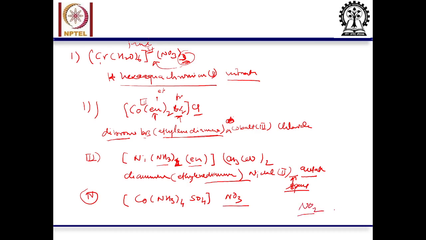NO3 is called nitrate. So this is tetraammine sulfato cobalt(III) nitrate. So here is the mistake.